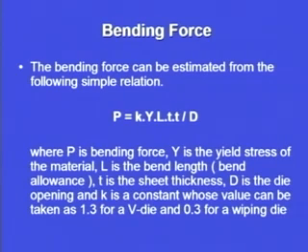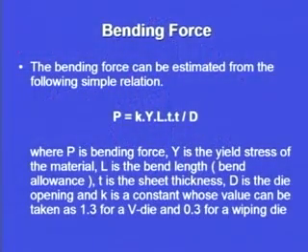Y is the yield stress of the material, which all of us know. L is the bend length, which we saw in the first diagram on the bending operation and its various parameters, such as bend length and bend allowance. T is the thickness of the sheet, which was depicted by small t there.